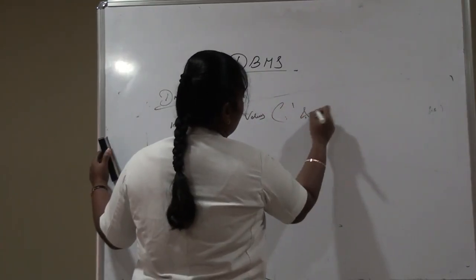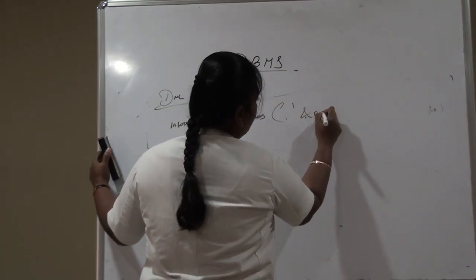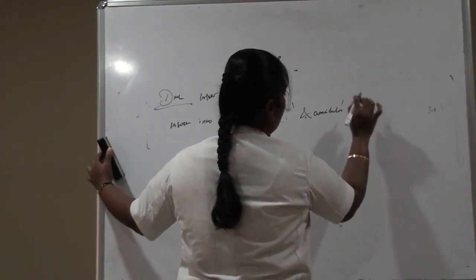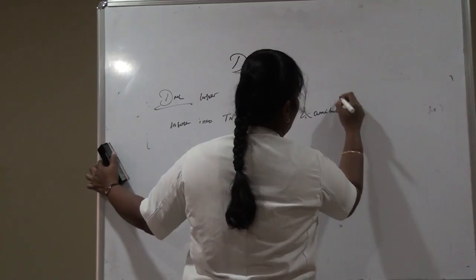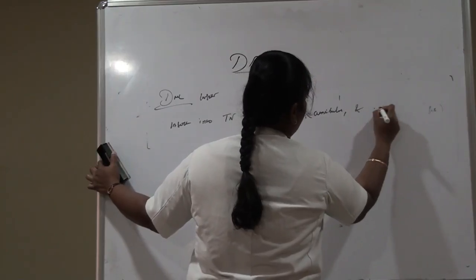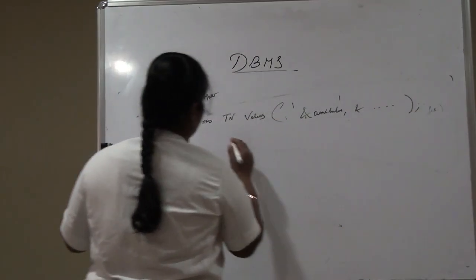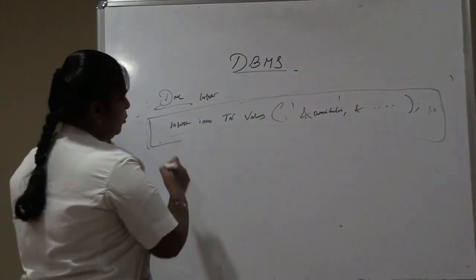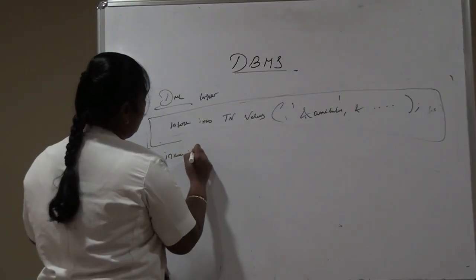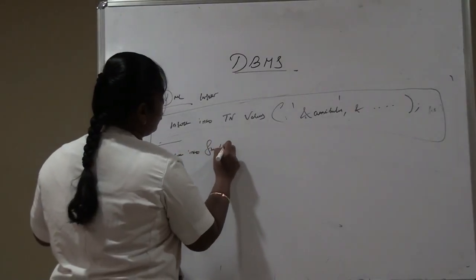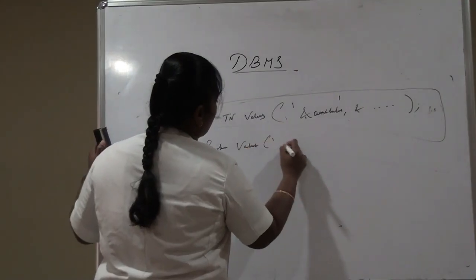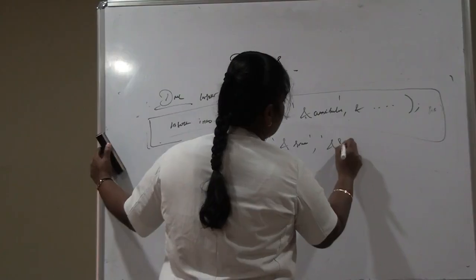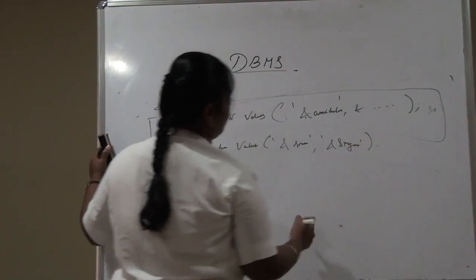Then we have to use whatever attributes, and whatever the number of attributes, we separate them with commas. Likewise, we have to give the inputs. This is one methodology. Here, how to give: insert into student values of S name, comma S reg number.